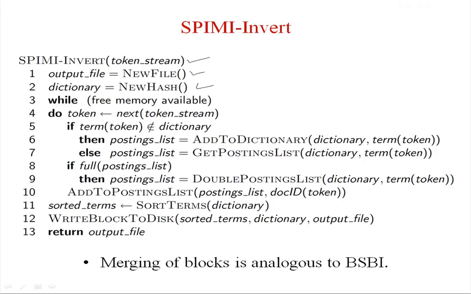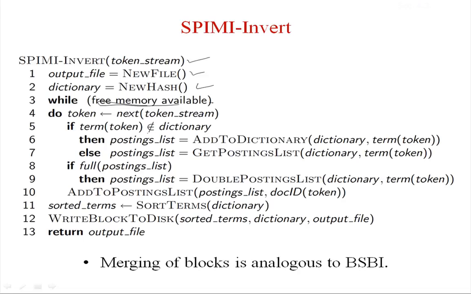First is the token stream and output file. We use a hash as a dictionary while free memory is available. Do: take a stream of documents which contains document term and document ID.